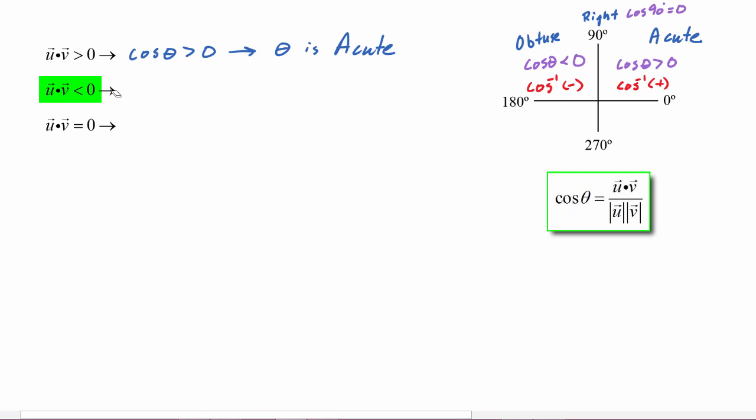Now, if the dot product is negative, that means cosine theta is going to be negative. If cosine is negative, we'll be taking the cosine inverse of a negative. That's going to output a quadrant 2 angle, so theta is obtuse.